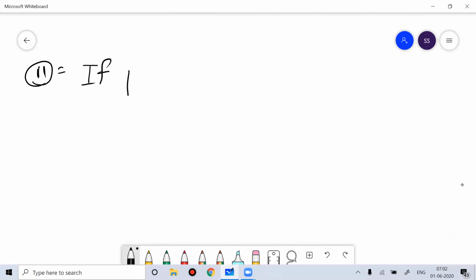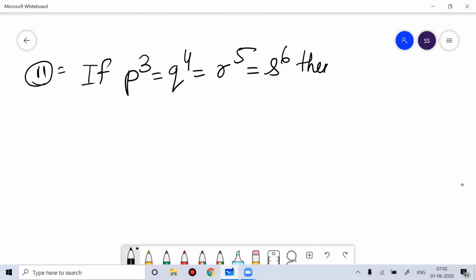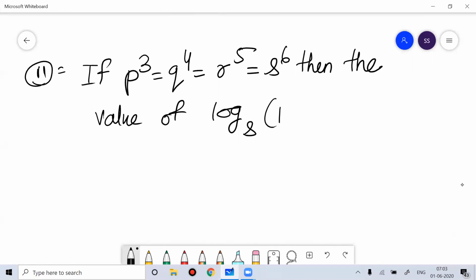If p to the power 3 is equal to q to the power 4 is equal to r to the power 5 is equal to s to the power 6, then the value of log base s of qr is equal to.